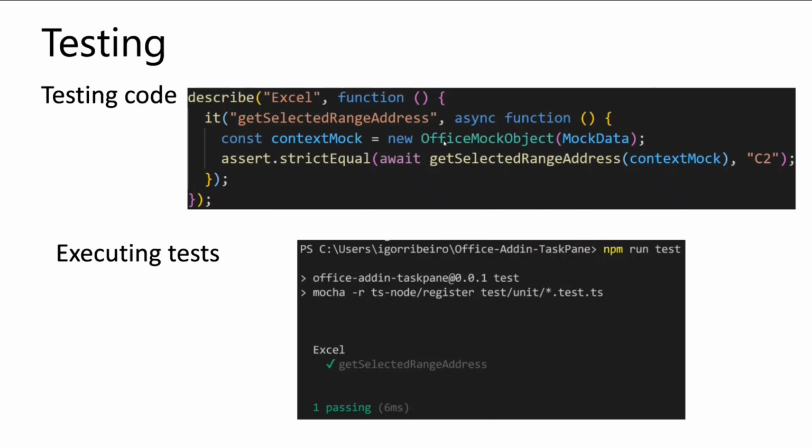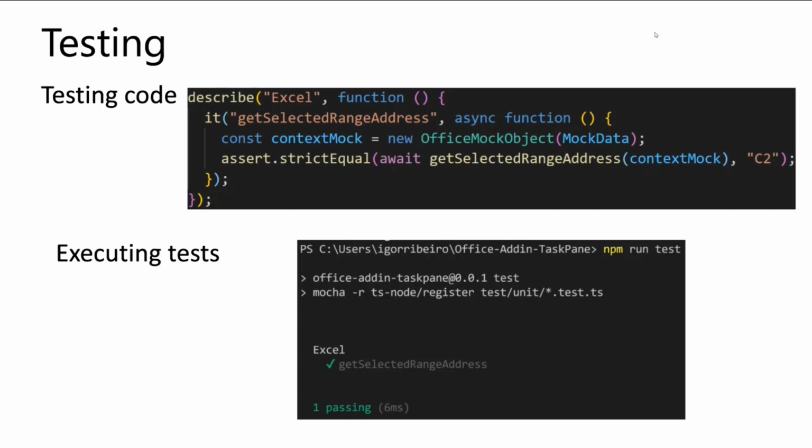This is calling the OfficeMockObject from our package. And then we are just asserting, which is testing if the values are equal. So we are testing this getSelectedRangeAddress, which is the function we previously discussed, and it should return C2 because that's what our mock data actually created.